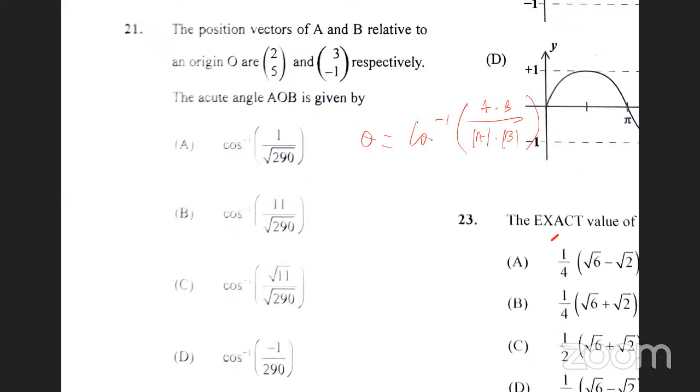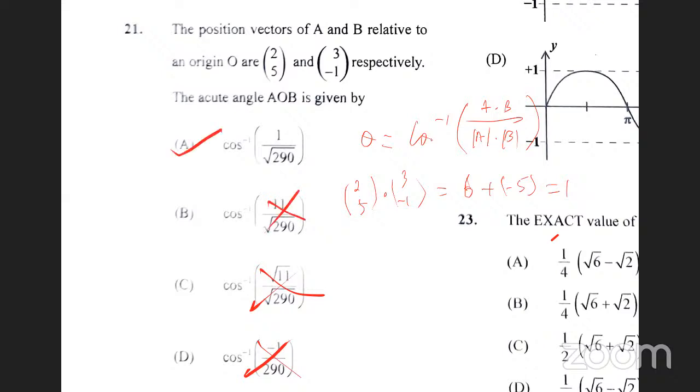Right, so a dot b is what? (2, 5) dot (3, minus 1). That's multiplying 2 by 3, which is 6, and adding it to 5 by minus 1. So that's 6 minus 5, which is 1. So it doesn't matter to work out the rest; it's not this, it's not this, it's not this.